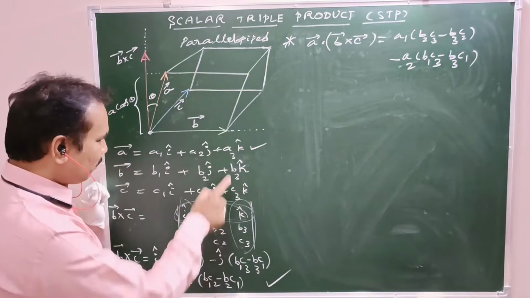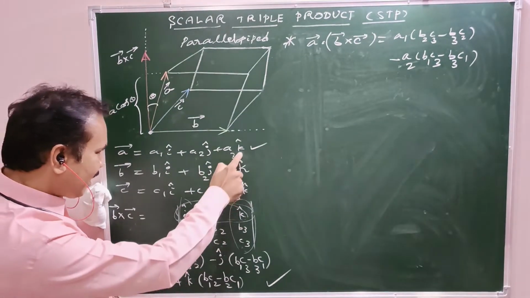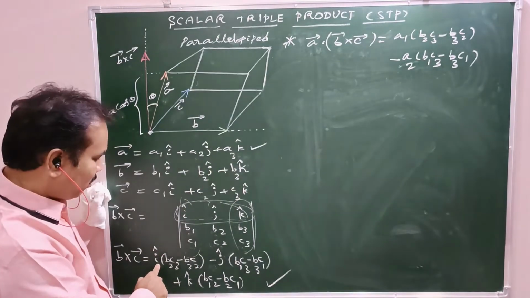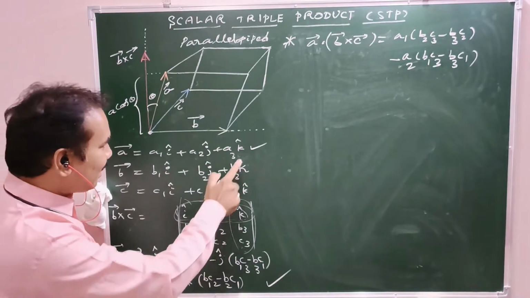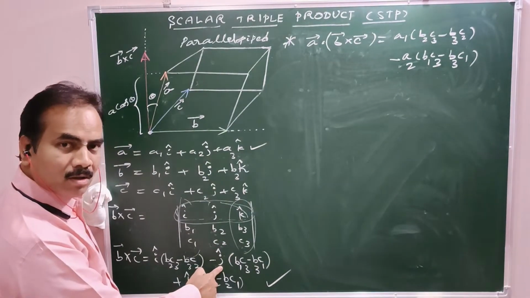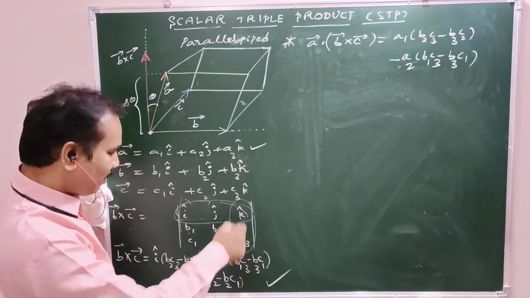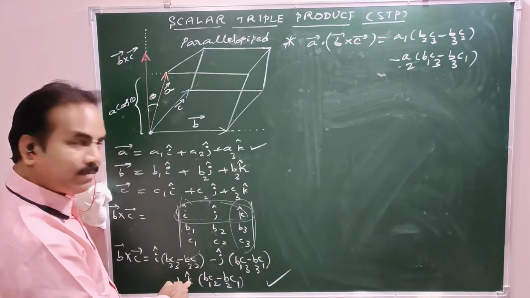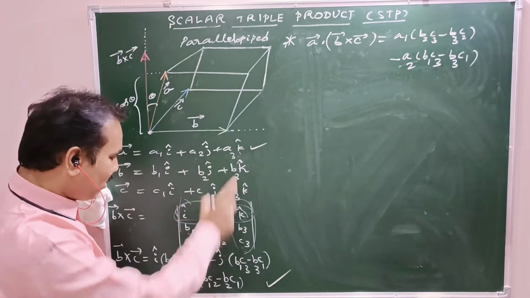Okay, this one into this one is 0. Now coming to k cap. Now k dot i means once again 0. So this one into this one is 0. Similarly, k dot j is also 0. So this one into this one is also 0. We are left with the last term, that is k dot k is 1.